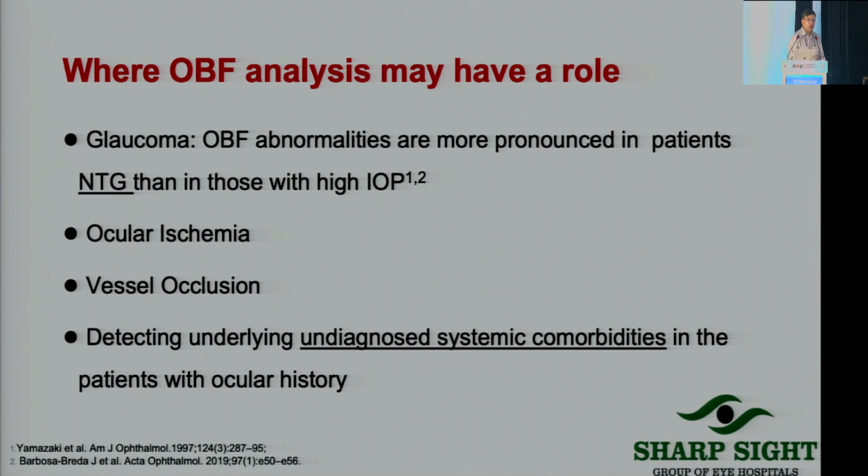Then there are patients with vessel occlusion, like central retinal venous occlusion and central retinal artery occlusion, that our retina colleagues see day in and day out. Definitely it can have a role there also. And this is my favorite indication, sir: detecting underlying undiagnosed systemic comorbidities in a patient with an ocular history.